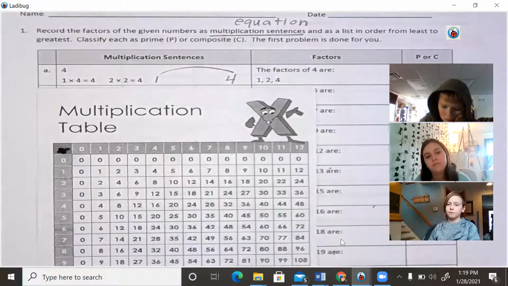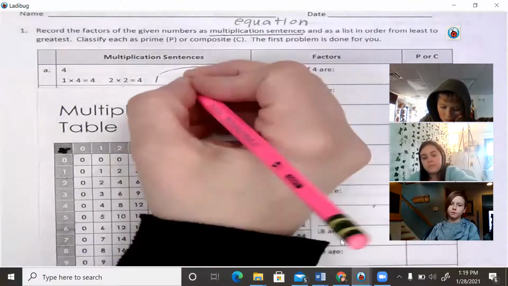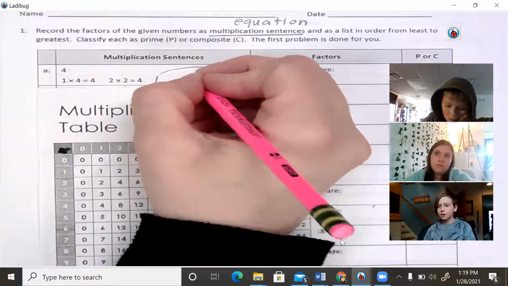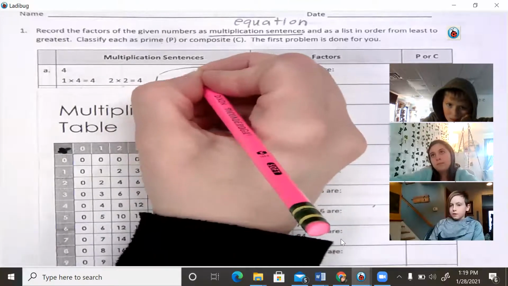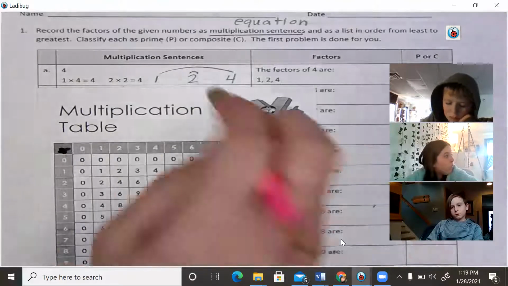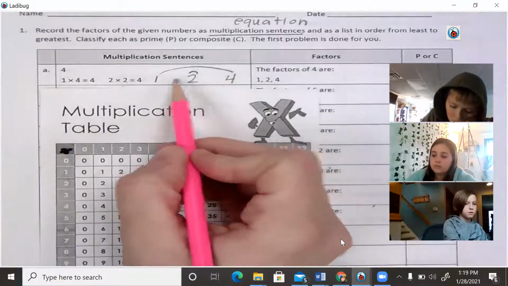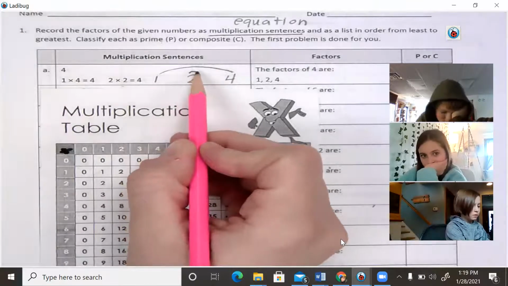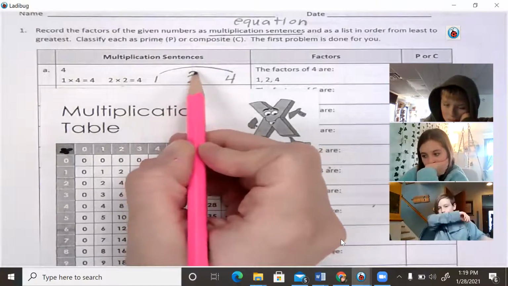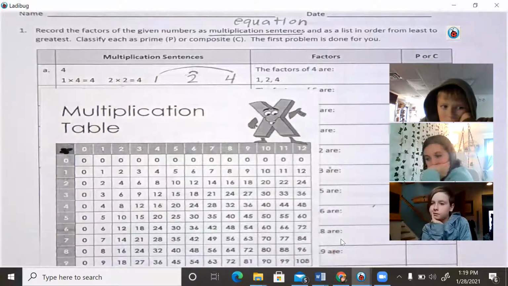Okay, then I'm going to go, what comes after 1? 2. Does 2 times anything equal 4? 2 times 2 equals 4. Okay, so since it's 2 times 2, I'm going to write it once, and I'm going to connect 2 to itself. If you did not write this, please write this down. When you have a number that is a double, from 2 to 2, if you're drawing a rainbow from itself to itself, you should know you have all the factors.